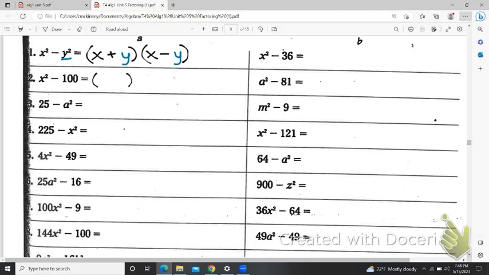So it's like I'm thinking about this first term as being, so this one, to get x squared, I would need an x in both of these. And to get the 100, the square root of 100 is 10, not 50. Square root doesn't mean half. One would be a plus, one a minus because I need a negative 100.